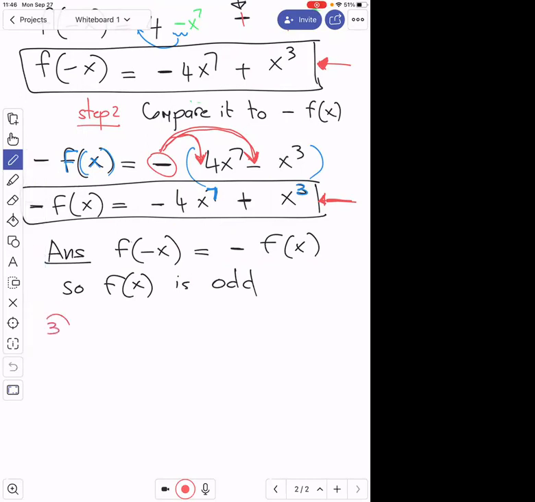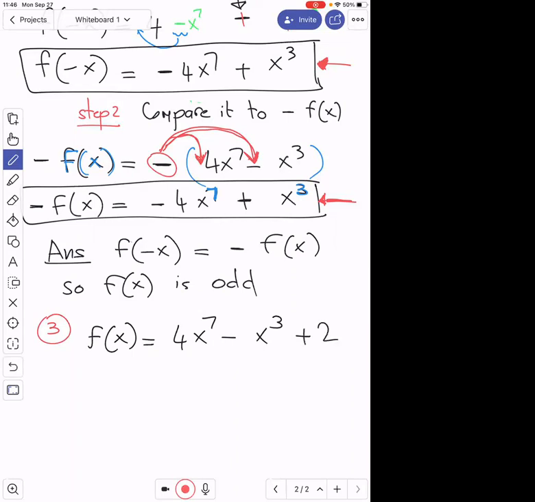For number 3, guys, it's almost the same as number 2. f of x was 4x to the power 7 minus x cubed, and then there's a +2.